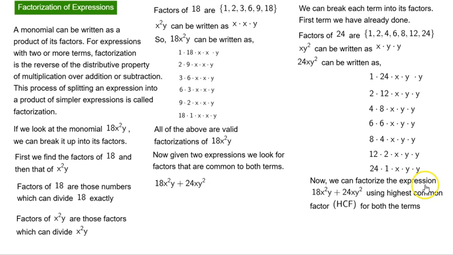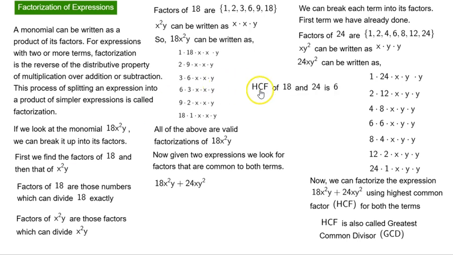Now we can factorize the expression 18x square y plus 24xy square using the highest common factor for both the terms. HCF, remember, is also called the greatest common divisor. So HCF of 18 and 24 is 6. 6 is the highest number which divides both 18 and 24.